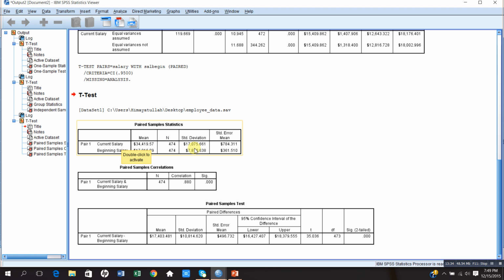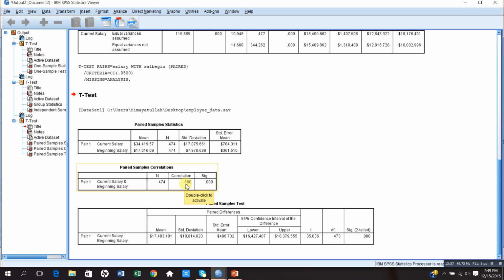And this is the paired sample correlation, the correlation between current salary and beginning salary, and this correlation coefficient is significant and very high, 0.88. This is close to 1. Close to 1 means perfect positive; this is not perfect, but it is a very high correlation between the current salary and the beginning salary.